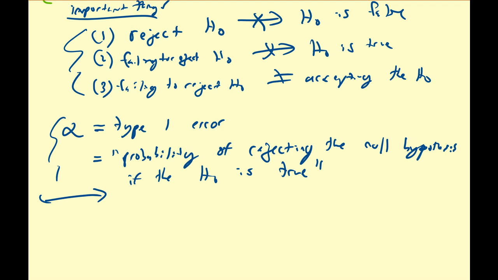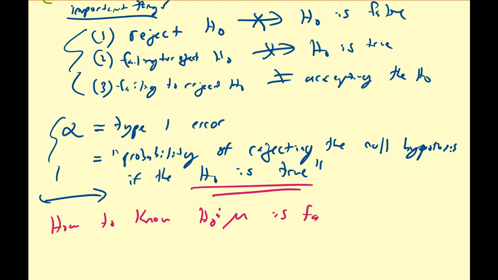And keep in mind, it's impossible to know. So how to know that H0 for some claimed mu is false? The only way that you can know that the null hypothesis is false is if you know what mu is.